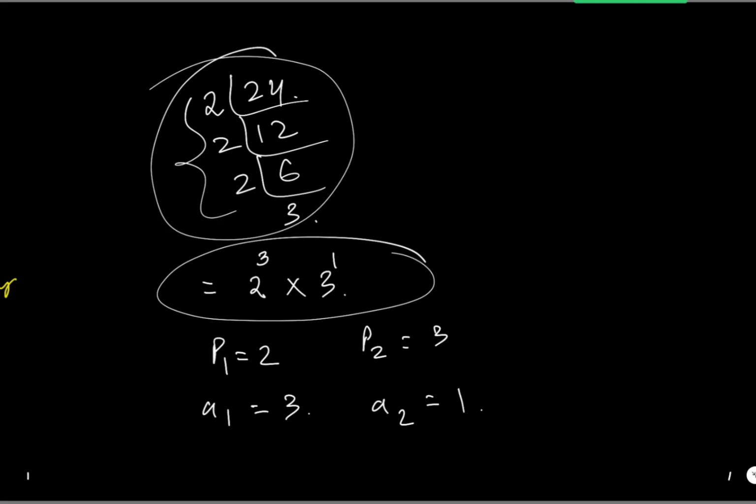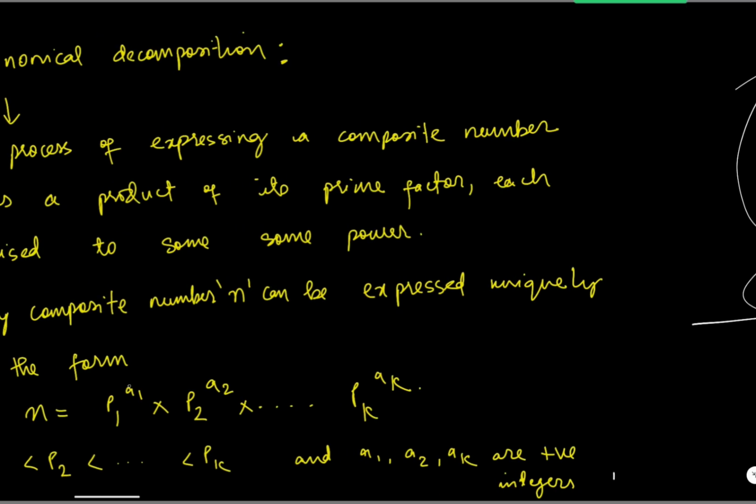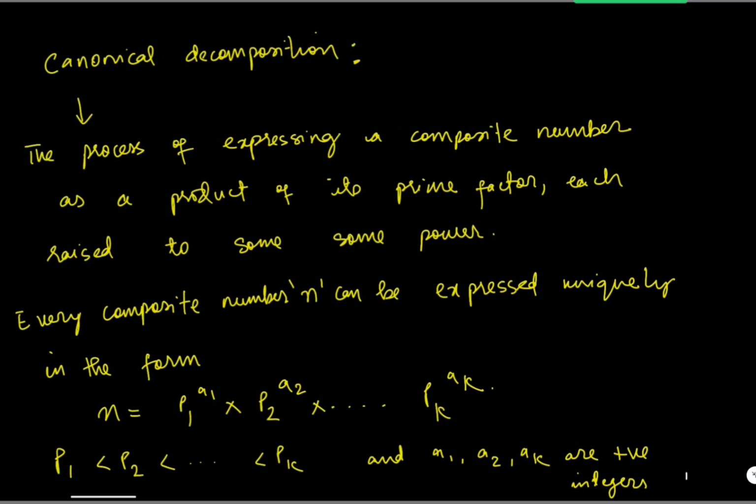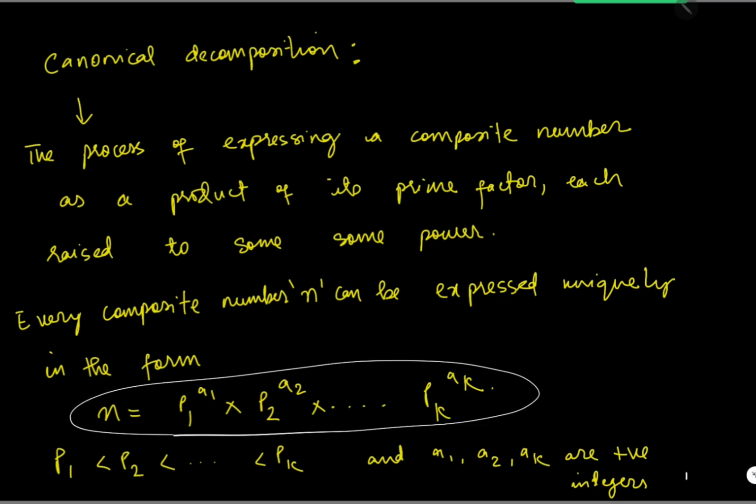Then on your main working sheet you can express them in the form of P1 to the power A1 into P2 to the power A2 till Pk to the power Ak. You just have to express them in this form, and this form is the canonical decomposition of that number.